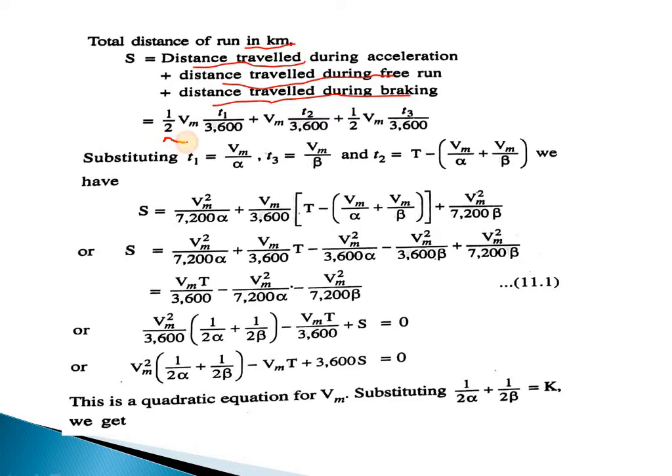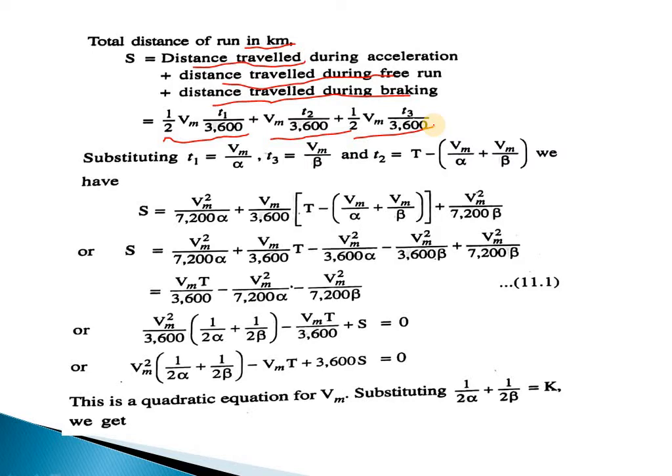For the first part, it is half Vm T1 divided by 3600. The second part, for the rectangle, is Vm into T2 divided by 3600. And the third part, again a triangle, is half Vm T3 divided by 3600. Combining these three, we get the total distance.